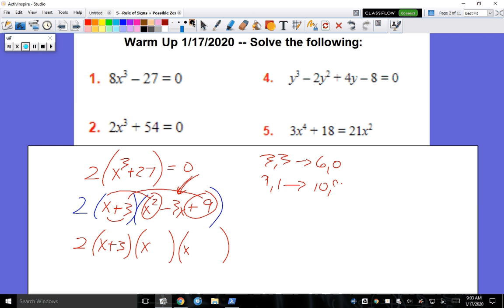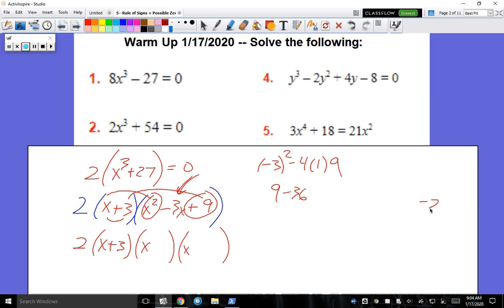Quadratic formula. Okay? And primarily the discriminant test. So at least it tells us what kind of answers we are looking for. Okay? So b squared minus 4ac will give me a positive 9 minus 36, which is a negative 27.